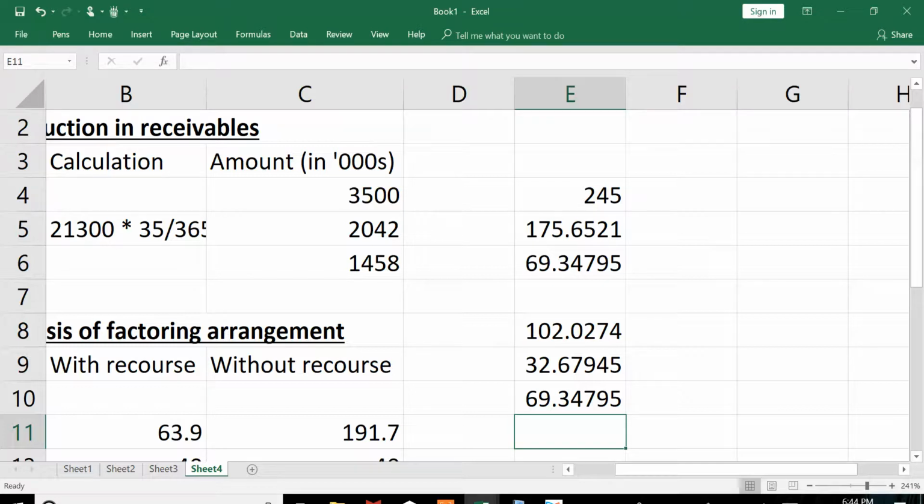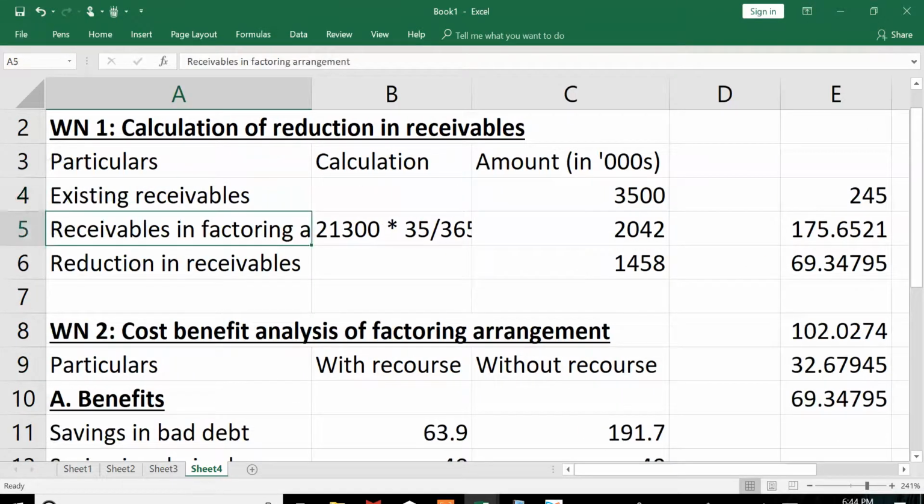If he was charging 7%, I wouldn't be bothered about calculating extra interest cost, because 7% is the rate and the factor is also charging 7%. The problem comes in when the factor charges you a higher rate. Now I can do a detailed calculation like this in a separate working note if I want, or I can just do a quick calculation.